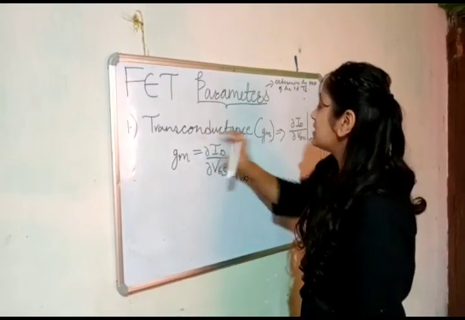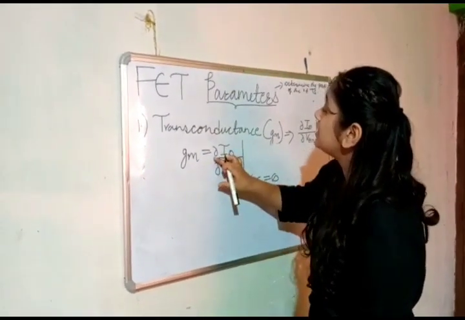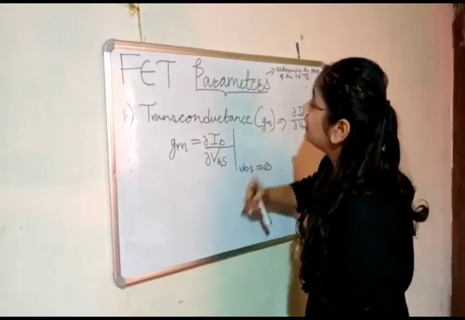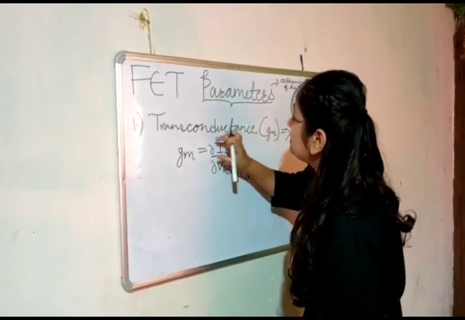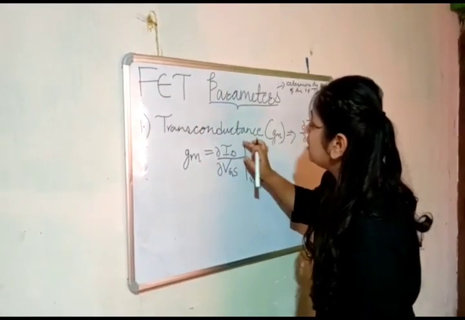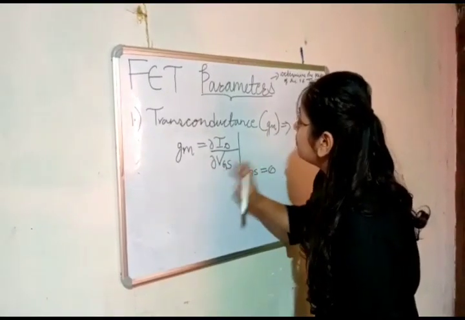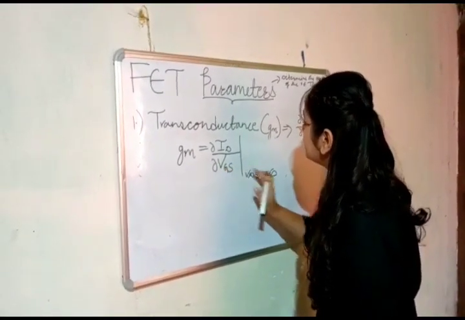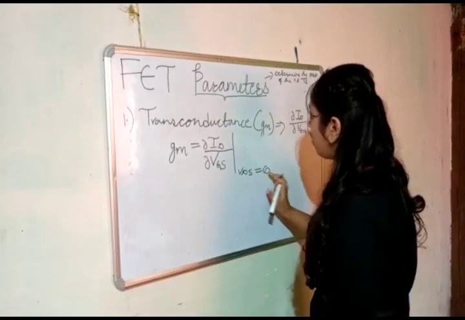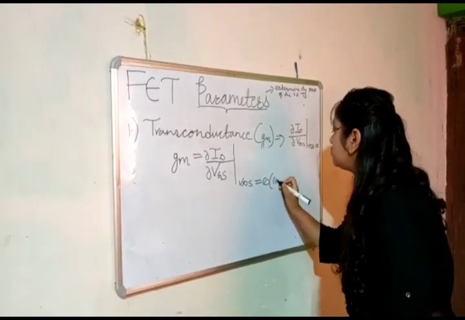That is, it is the ratio of small change in drain current to the small change in VGS, keeping VDS constant.